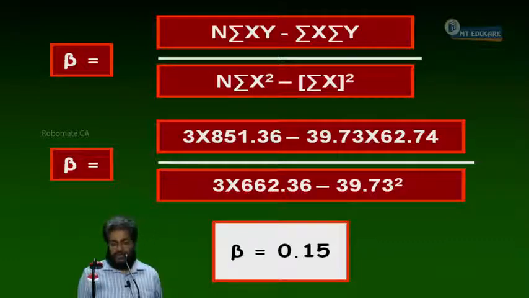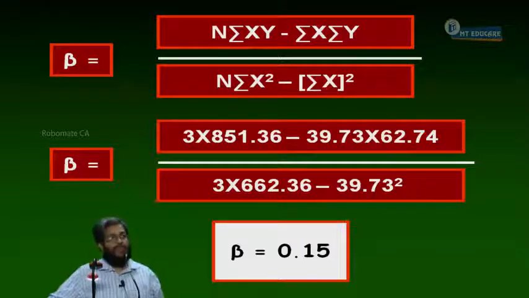Perfect. We conclude that the correlation between market and security return is perfect. Point number 2 or 3? 3.